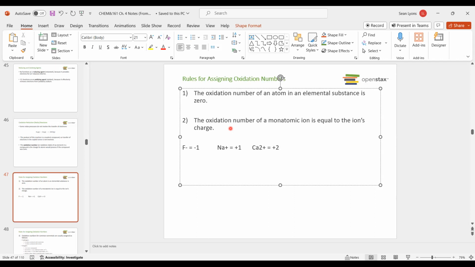So if it's just that one ion by itself, the oxidation number is just going to be directly equal to whatever that charge is. So aluminum 3+ would have a +3 oxidation number. Oxygen, group 16, typically going to be -2. So if it's just that one thing by itself, whatever that charge is going to be the oxidation number.